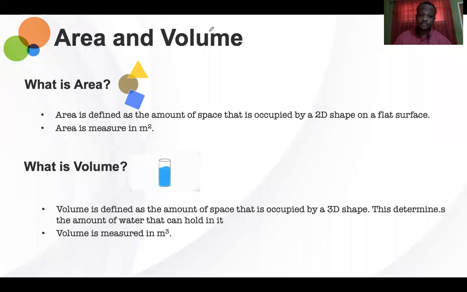All right. So we'll go down to area. Area is essentially defined as the amount of space that is occupied by a 2D shape. This is very important: a two-dimensional shape on a flat surface.